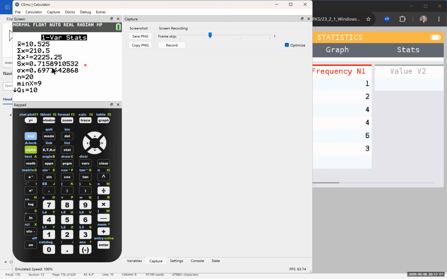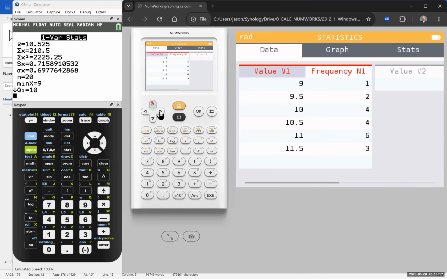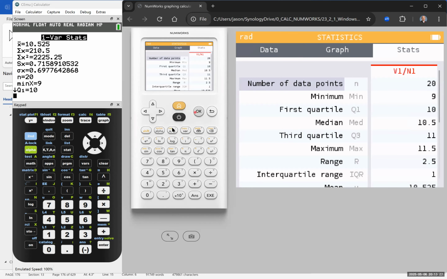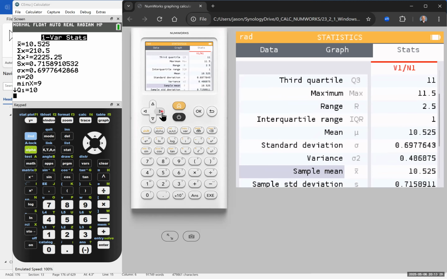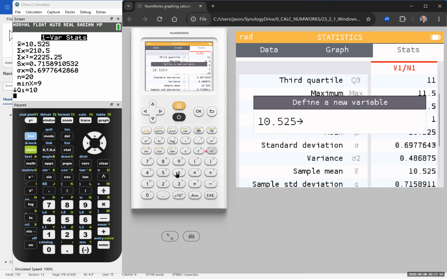That's a pretty significant decimal there. And over here, I can go up to the stats tab, click OK. I want to go down to sample mean. Here we go. Now I'm going to go ahead and store that in capital M to stand for mean.